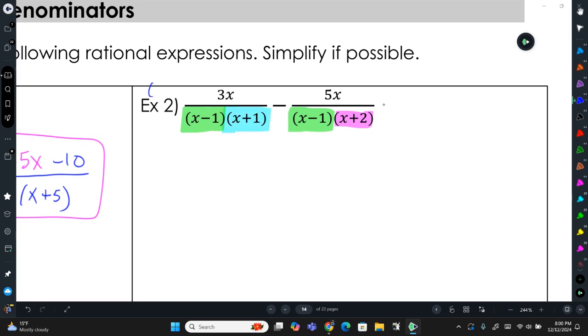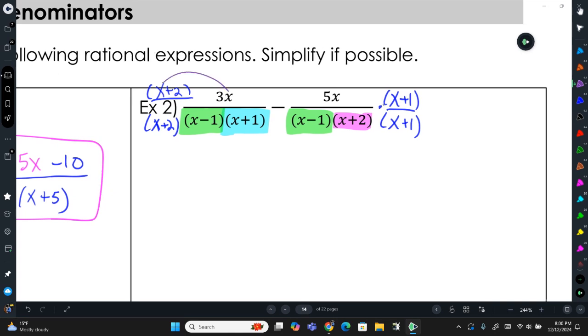So we're going to multiply the first fraction by x plus 2 over x plus 2, and we're going to multiply the second one by x plus 1 over x plus 1. So again, we're multiplying the numerator and denominator of the fraction by whatever the denominator is missing.